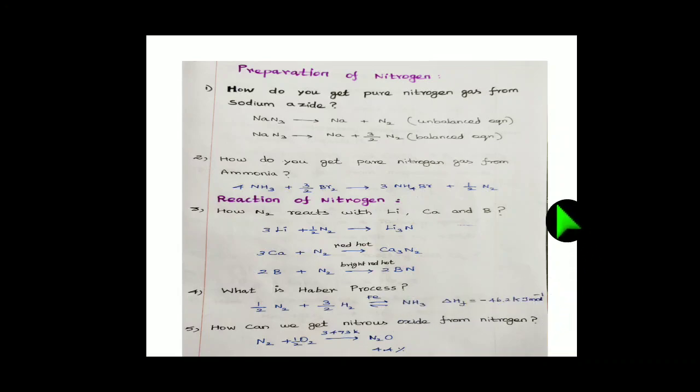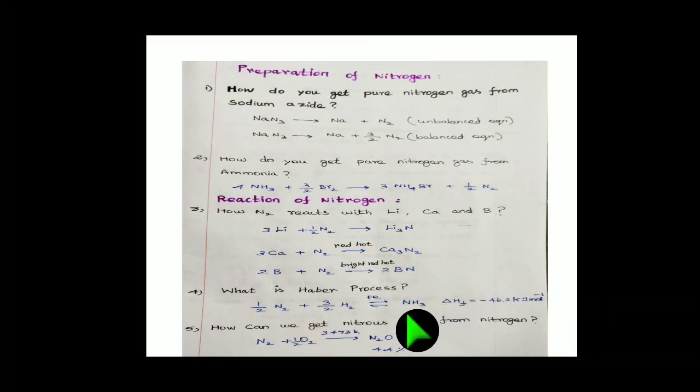The last question: how can we get nitrous oxide from nitrogen? What's the formula of nitrous oxide? N2O. Here we can get nitrous oxide, 44%, even at 3473 Kelvin.